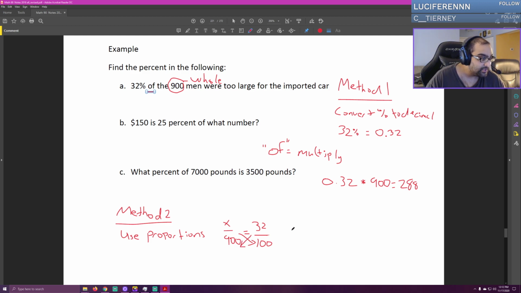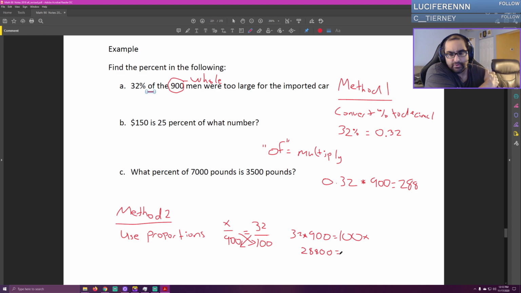So what we get is 32 times 900 equals 100x. And if you do 32 times 900, that's 28,800, which equals 100x. Divide by 100. And so here we end up with x being 288.